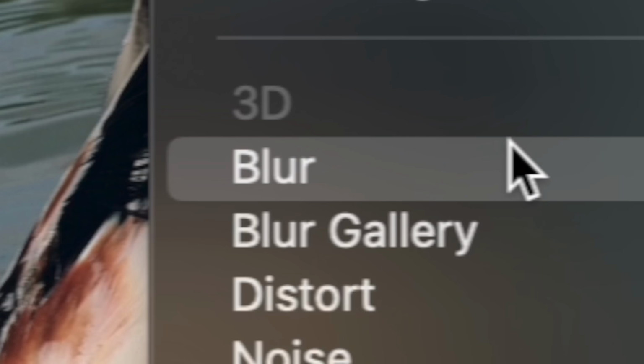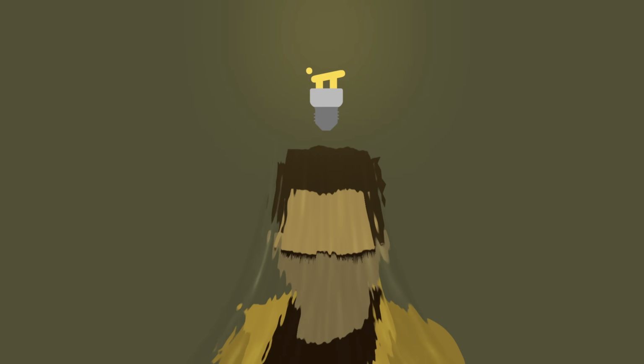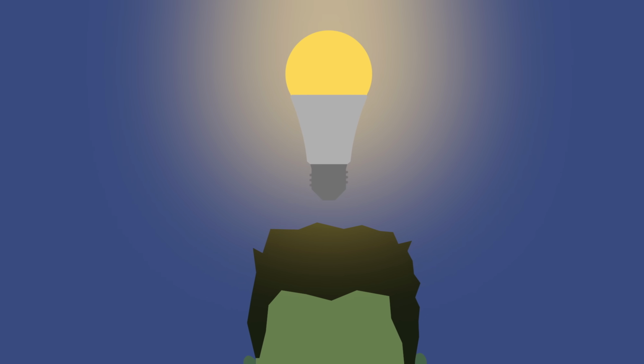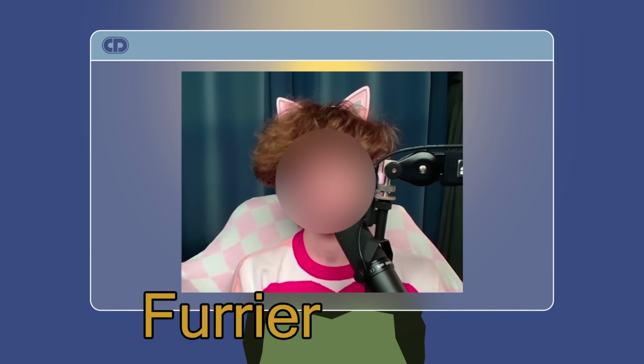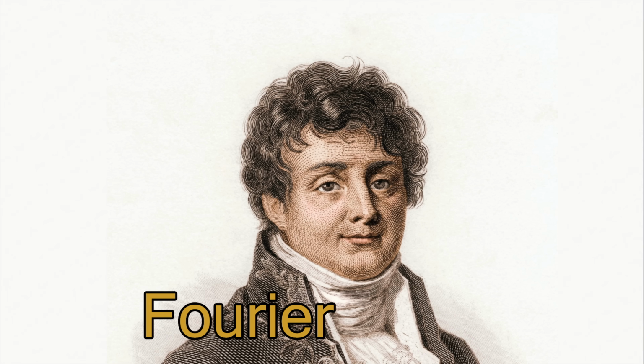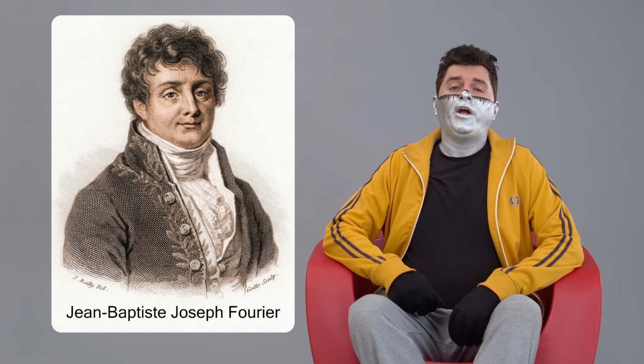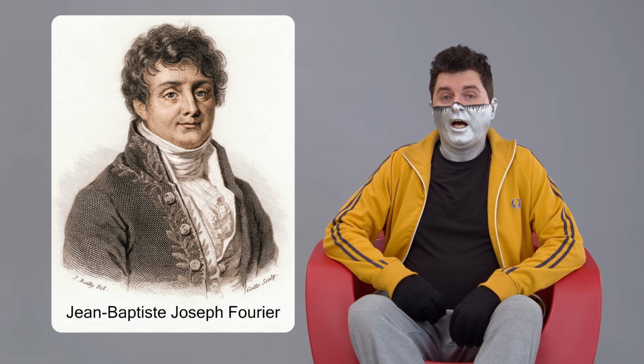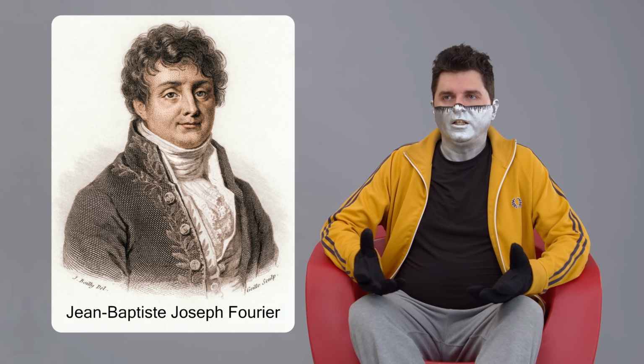Still, when I go to filter, blur, blur, I don't just want it to happen pretty fast, I want it now! Luckily, there's an even more efficient way to calculate a filter. It involves a Fourier transform. Joseph Fourier was an 18th century French guy obsessed with hotness of things.